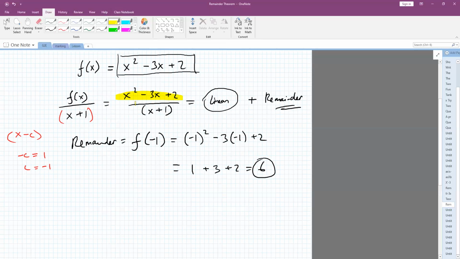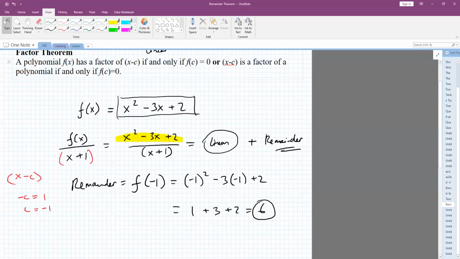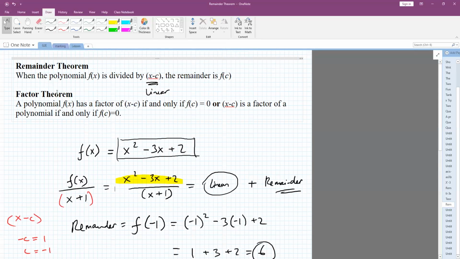Now, the second part of the theorem that we have here is called the factor theorem, and this is also very important. So basically the factor theorem says if you have a polynomial f(x), then the linear term x minus c is a factor of f(x) if and only if the remainder, or this value f(c), is equal to 0.